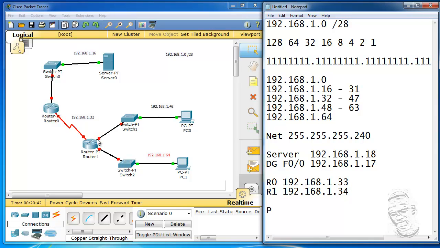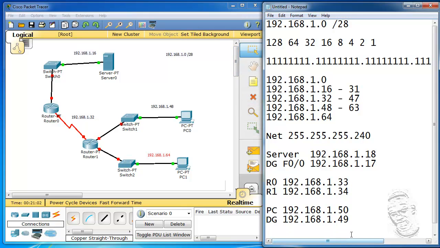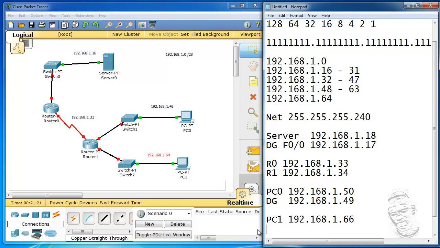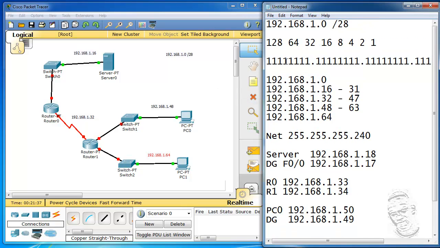So on the 48 network, the PC will get 192.168.1.50, and its default gateway will be 192.168.1.49, and PC1 will pick up 192.168.1.66, and its default gateway, which will be the router fast Ethernet address, will be 192.168.1.65.